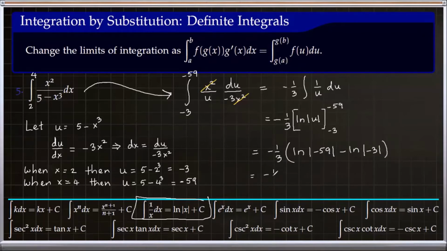Then we get negative 1/3 times natural log of 59 minus natural log of 3. And then if you like, you can combine these two logs as negative 1/3 natural log of 59 by 3 using the log rules. So this is the value of this definite integral.